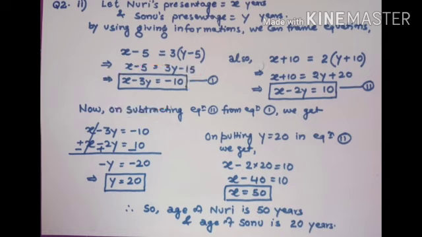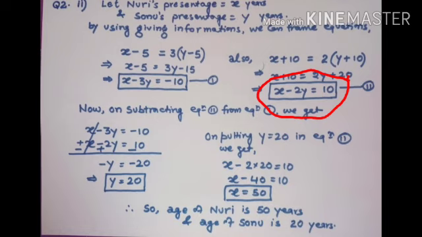Similarly, it is also given that after 10 years the age of Nuri will be twice the age of Sonu. So similarly we can frame the equation x plus 10 equal to twice of y plus 10, and on solving we get equation number 2. You can see on the screen, that is x minus 2y equal to 10.